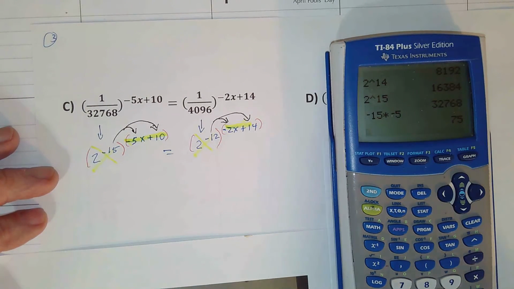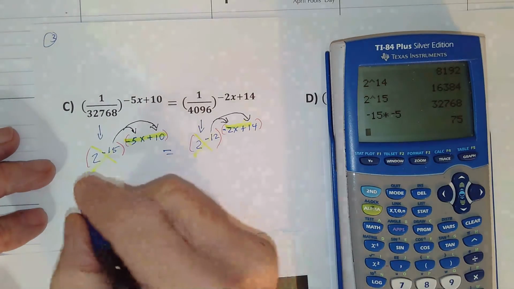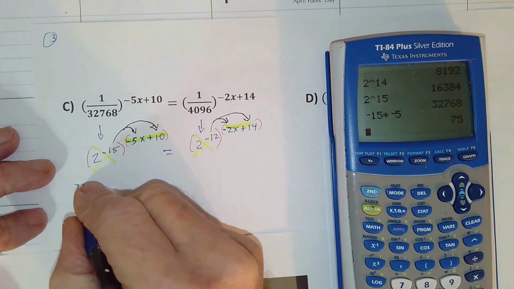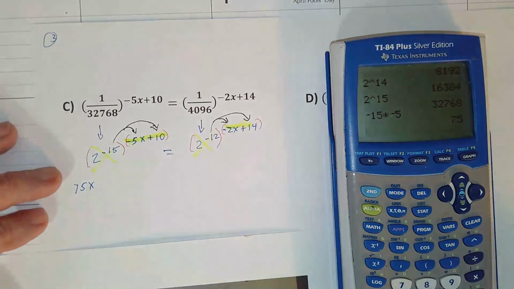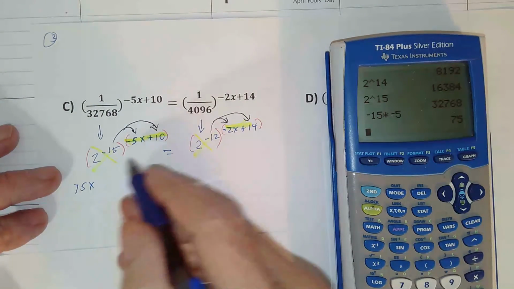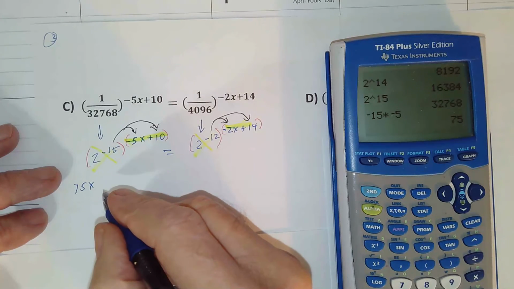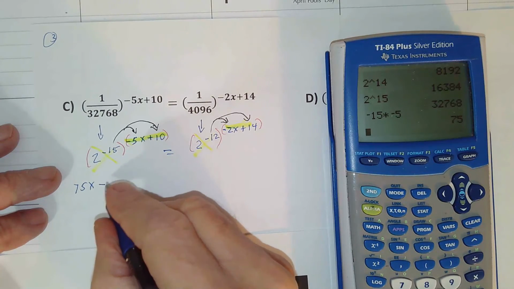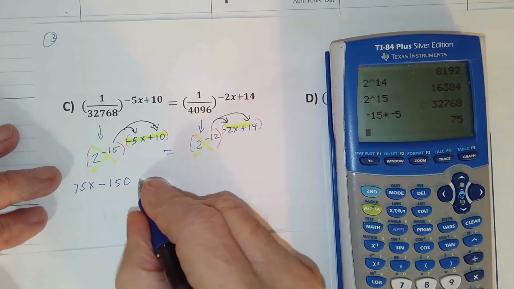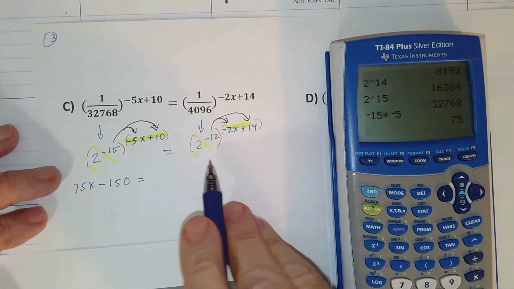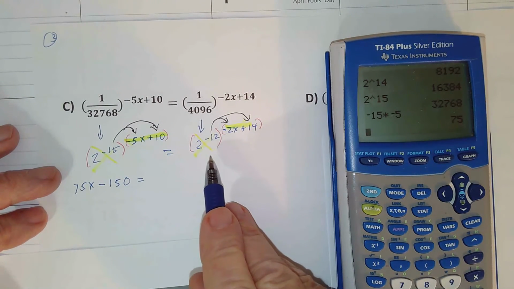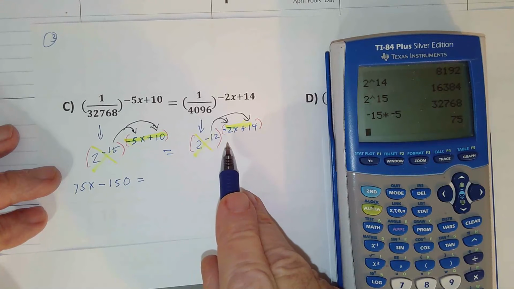So 75 x's. So I'm going to write 75x, and then negative 15 times 10, that's going to be negative 150. You know that because you just add a 0 to the 15. So that's 75x minus 150, and that's going to equal, and then over here this is going to be negative 12 times negative 2.